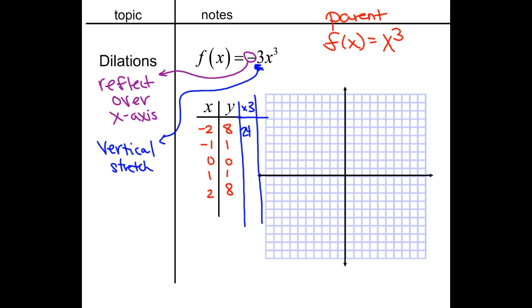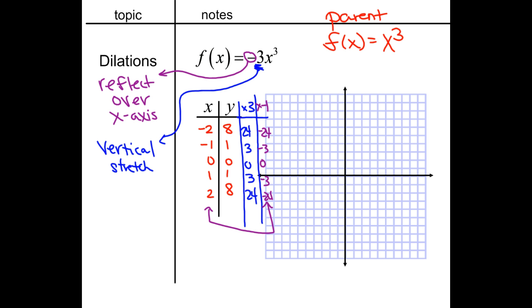So it goes 24, 3, 0, 3, 24. Now we're also going to multiply by -1 because of that negative piece. So it's -24, -3, 0, -3, -24. So our new points are (-2, -24), (-1, -3), (0, 0), (1, -3), and (2, -24).